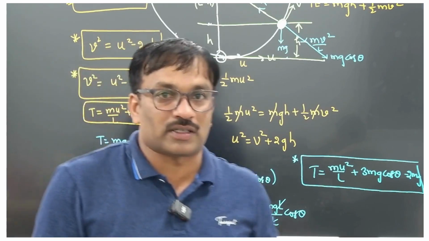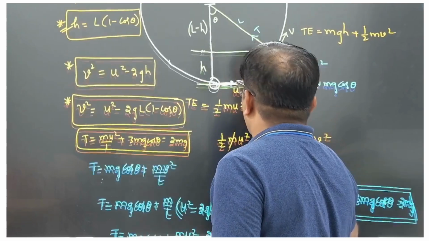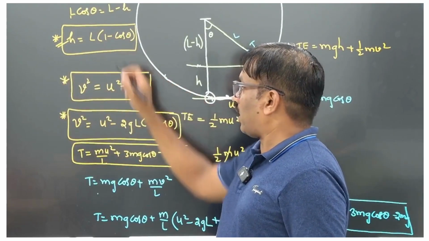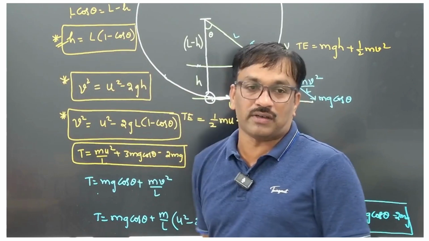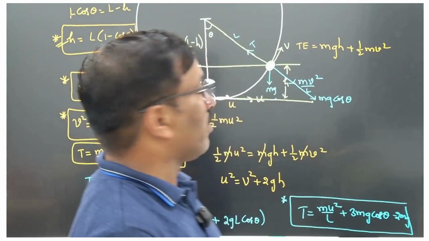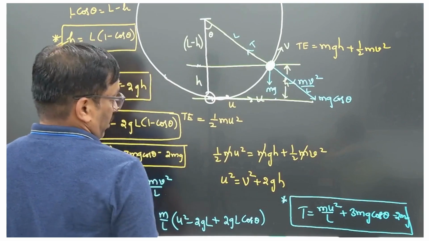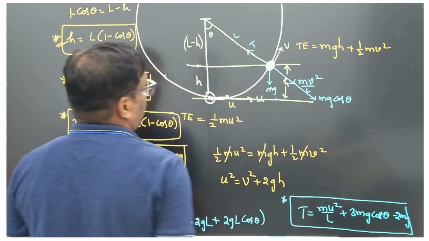What are the three? One is height, next is velocity, and next is tension. If you are thorough with these three formulas, you can solve any type of problem related to vertical circular motion. Then let us see some questions.